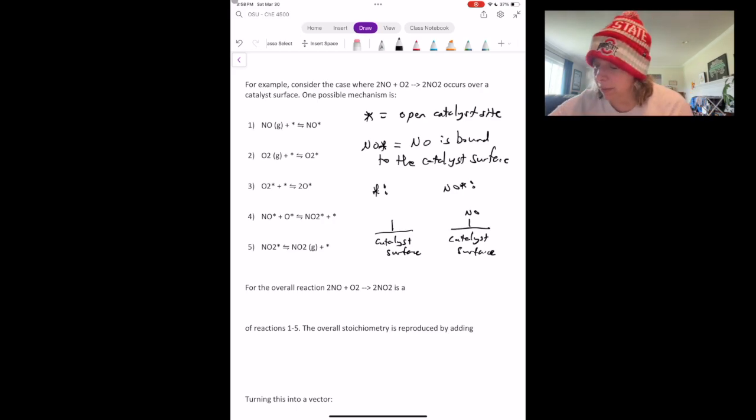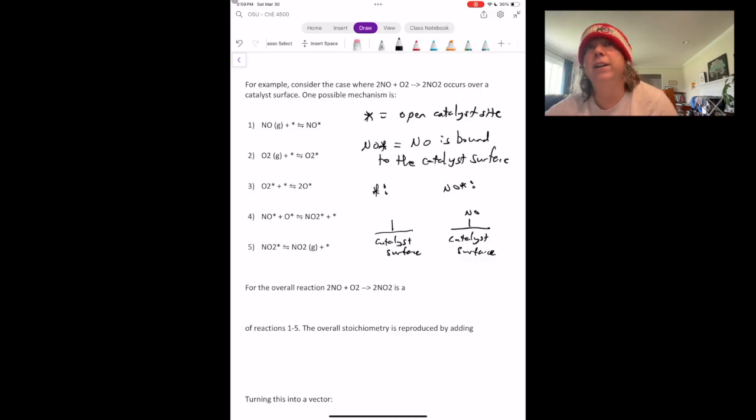Okay, so I've got my steps here. First reaction is going to be a gas phase nitric oxide molecule reacting with the catalyst surface and becoming bound. My second step is a gas phase molecular oxygen molecule reacting with the catalyst surface becoming bound. I then have my bound molecular oxygen molecule reacting with another site on the surface to form two oxygen atoms.